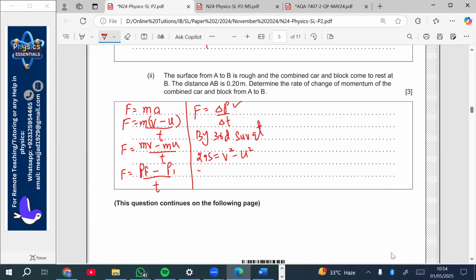Since your body's speed is decelerating, it is a negative acceleration, and final speed is 0 since your body comes to rest.